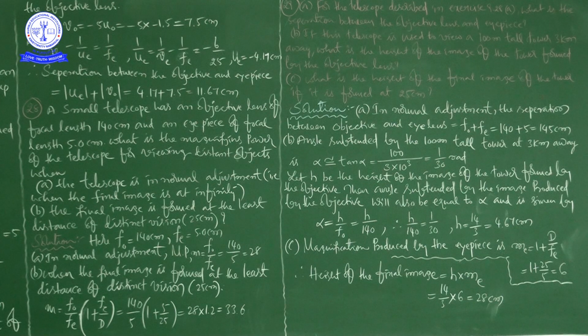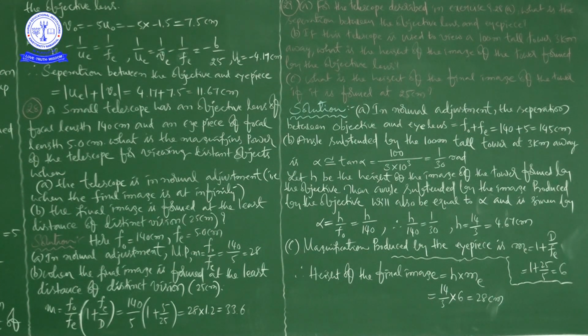Here you keep in mind, the height of the tower is 100 meters, and the distance of the tower is 3 kilometers, and we are asked to find the height of the image of the tower.